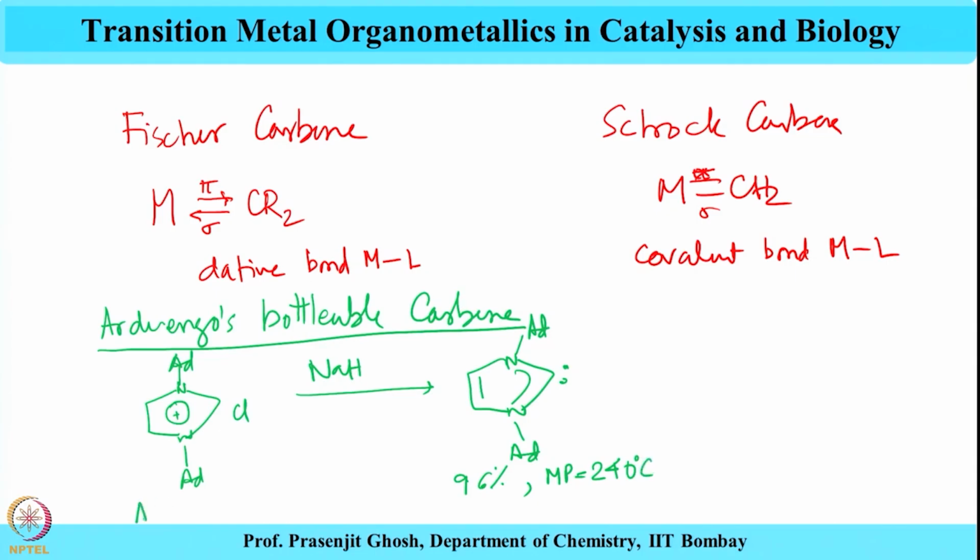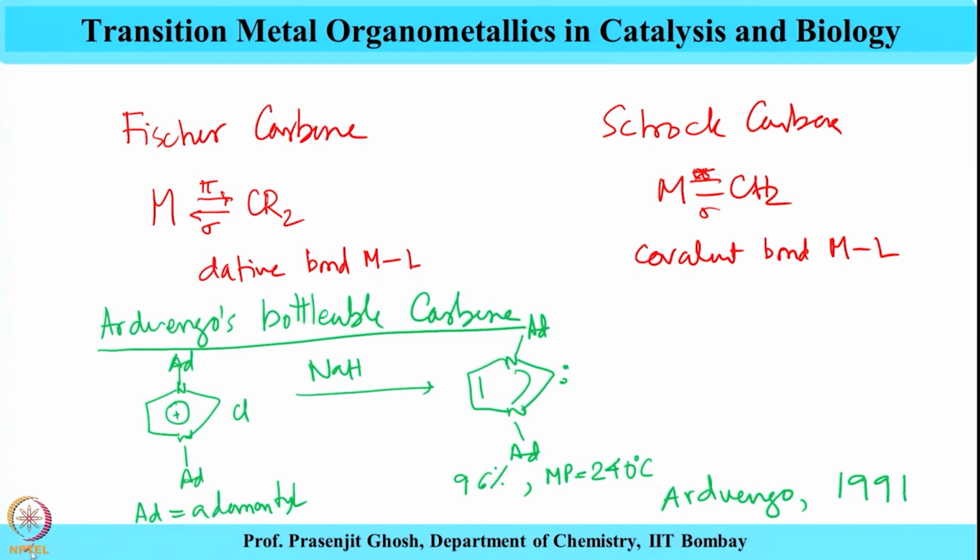Here Ad is a bulky adamantyl group, and Arduengo discovered this in a JACS paper in 1991.